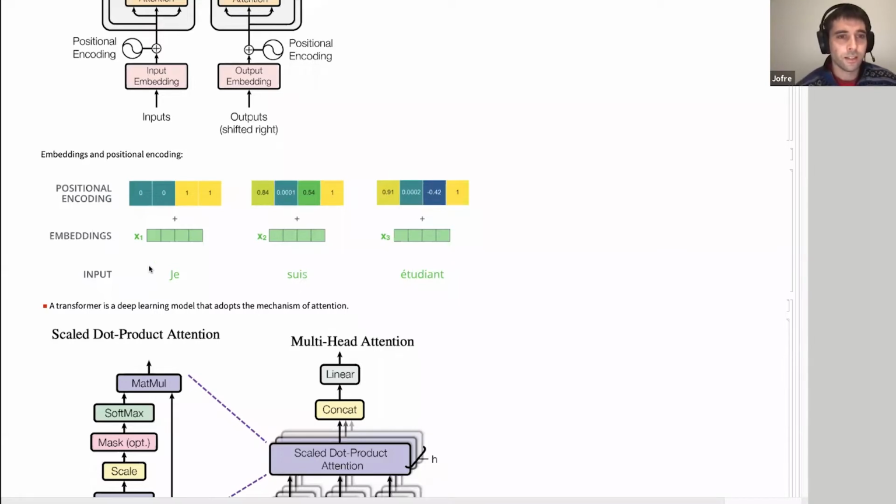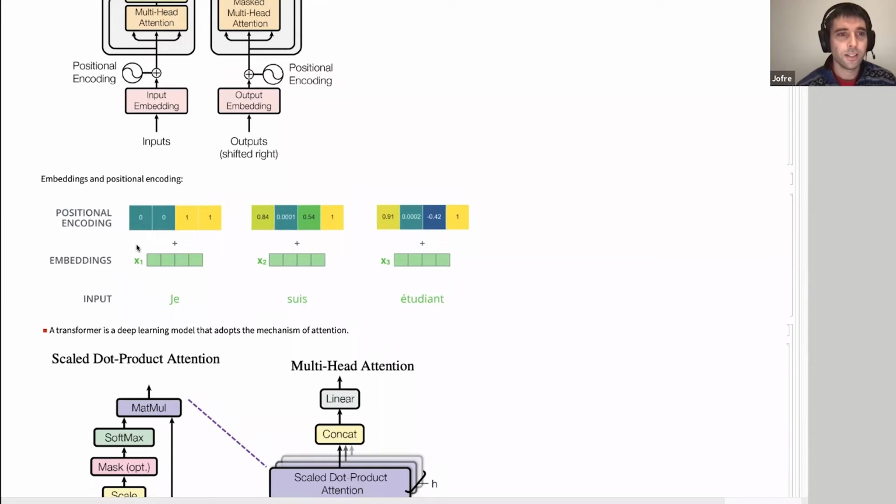And then these tokens from the vocabulary are projected into vectors with a certain dimension, which are these embeddings here, and then a way to incorporate information on the position of each token in the sequence. In the original paper, they used a bunch of cosine and sine functions so that the model can learn the position of each token.